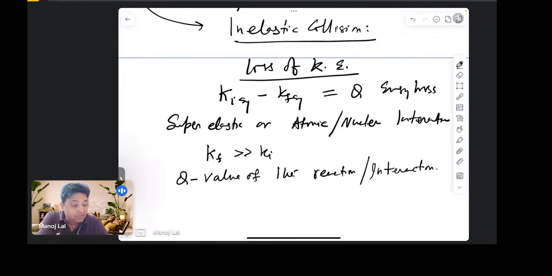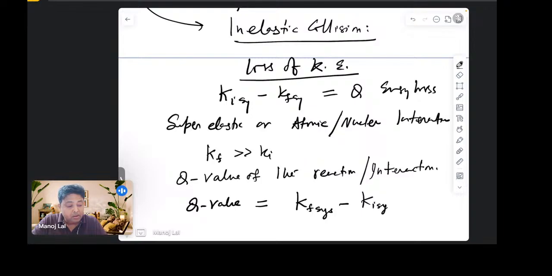In chemistry it is reaction. So how do we measure the Q value? If we get energy here, we take the reverse: Q value is K final of the system minus K initial. It should be very clear; this is for nuclear reaction, when the internal energy is converted. For that case the Q value is K final minus K initial.